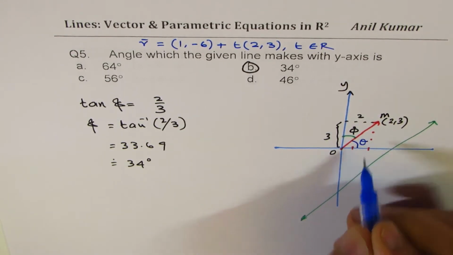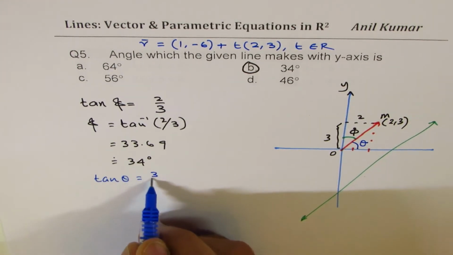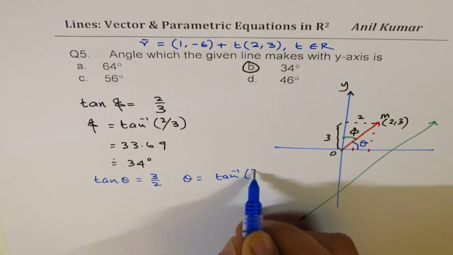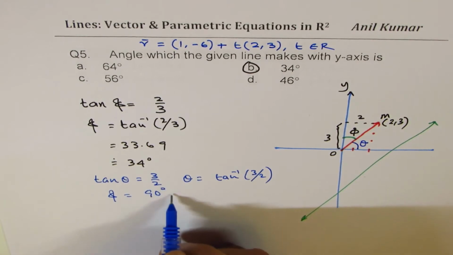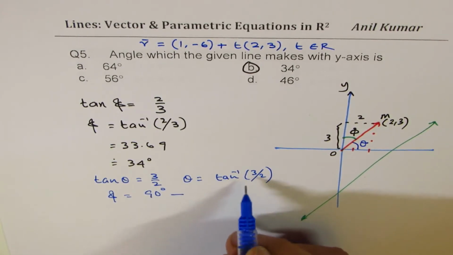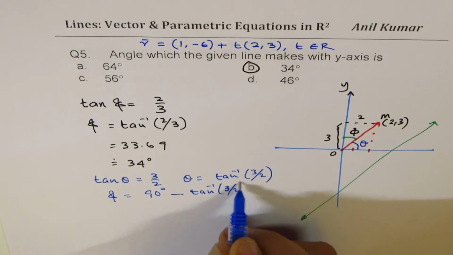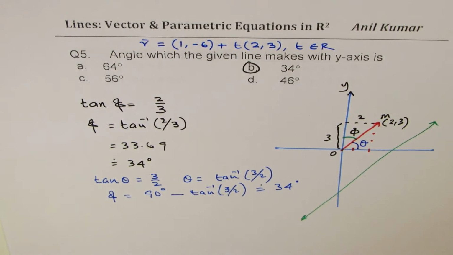So you could use tan theta equals to 3 over 2, so theta equals to tan inverse 3 over 2. In that case, phi will be 90 degrees minus tan inverse 3 over 2, which you'll again get approximately to 34 degrees. So either way, you could do it.